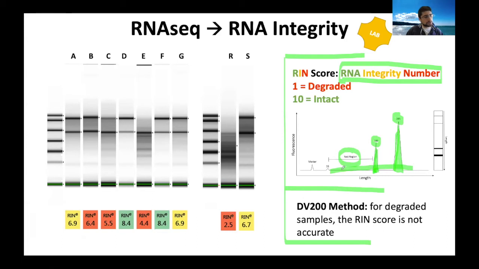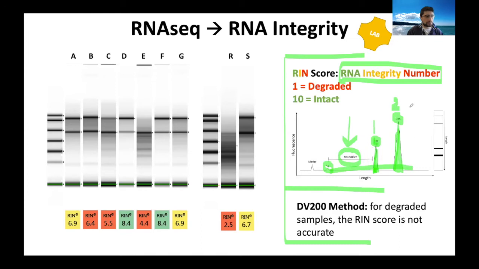Also, in the fast region, which is basically between the 18S and the 5S, another ribosomal RNA molecule that is much smaller in size, if you see some signal in this region, it's most likely coming from degradation of these two peaks. Most of the time when you see some material in the fast region and you still see peaks, the ratio is not 2 to 1, it's much smaller.